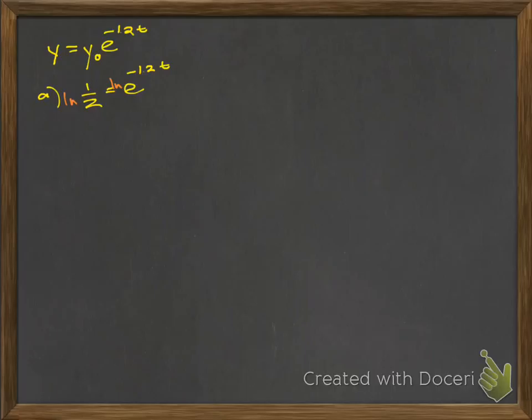This says half-life. How long until you get half of your substance? And if you're asking how long until you get half, that means my initial value, I know it's not written in there, but that initial value, that y naught, is, say, 10. I want to know when I have half of that, like 5.